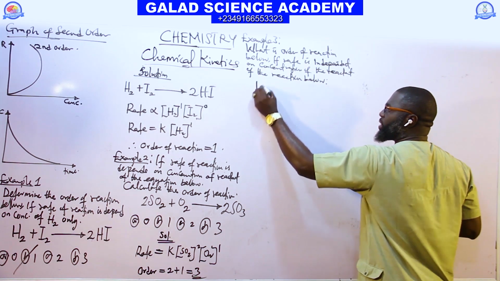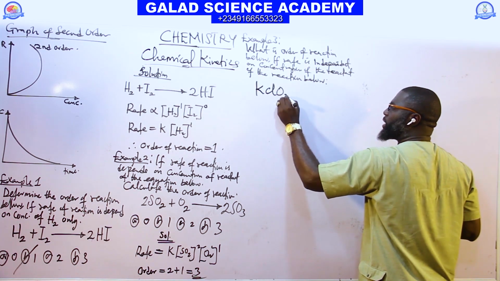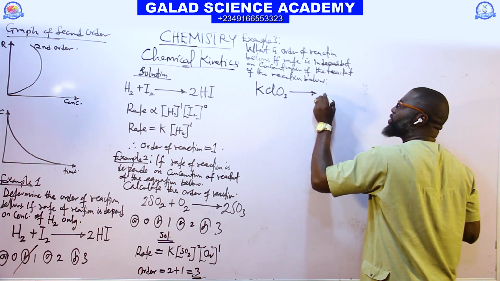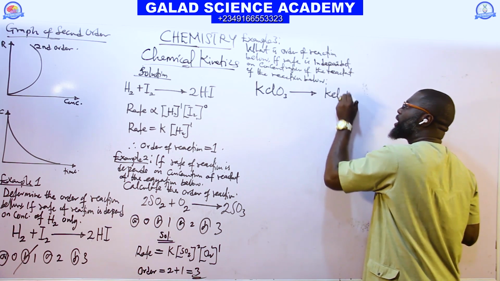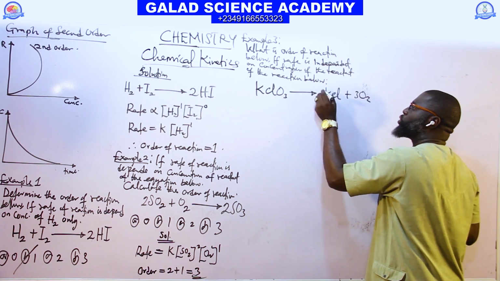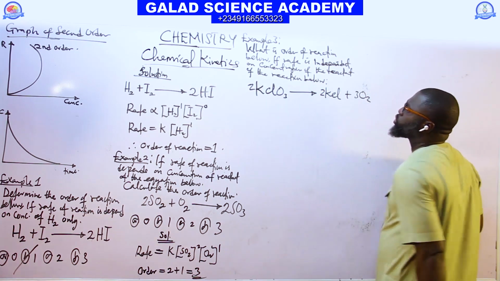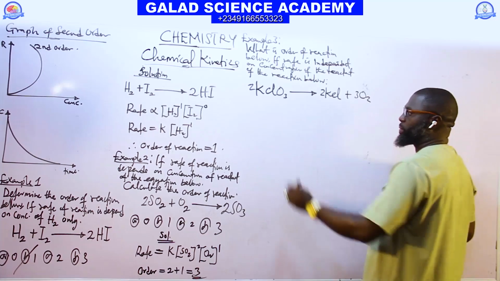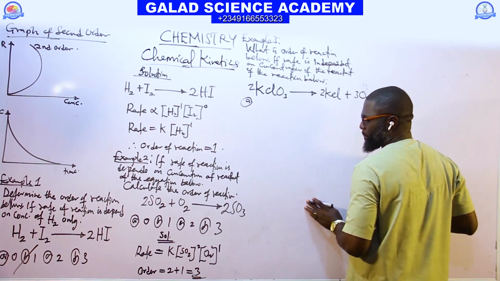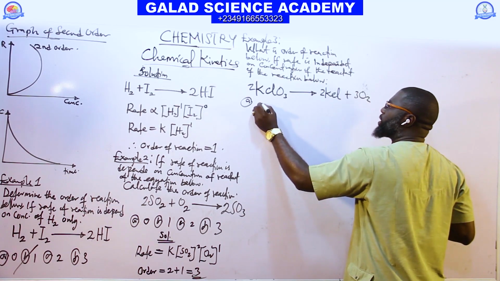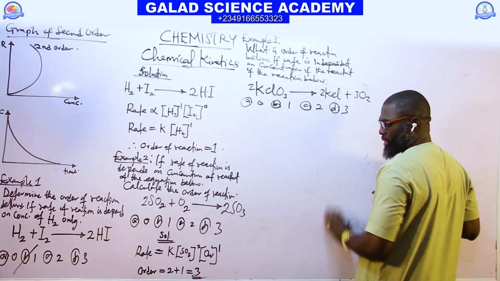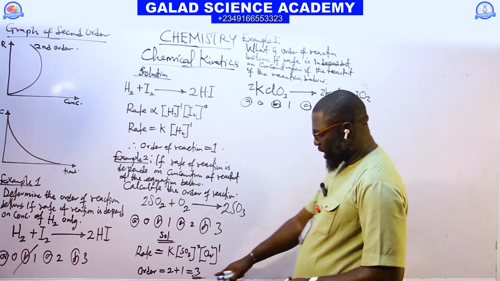We have 2KClO3 gives 2KCl plus 3O2. Options A, 0, B, 1, C, 2, D, 3. For this one, what do we get for the answer here?